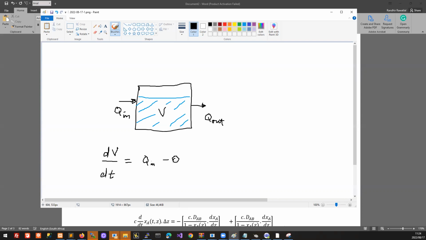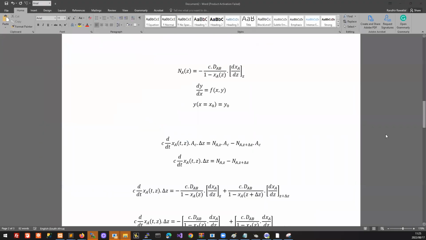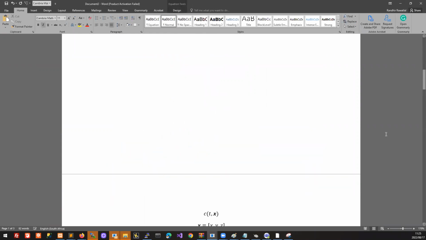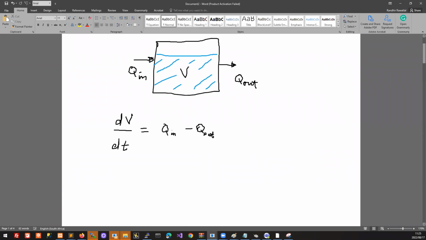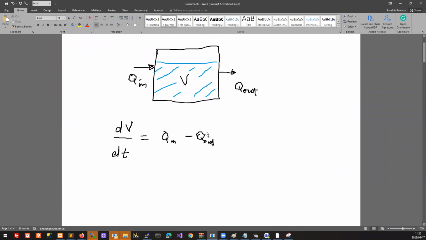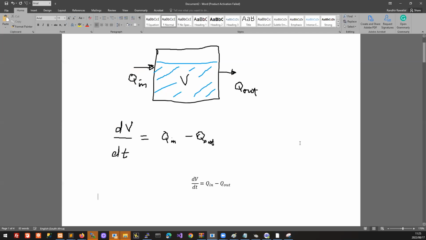Let's do this as a problem 0. So we have the simple rate of change of volume in here, and we want to integrate this equation. dV dt equals Q in minus Q out. Right, so that's our governing equation.